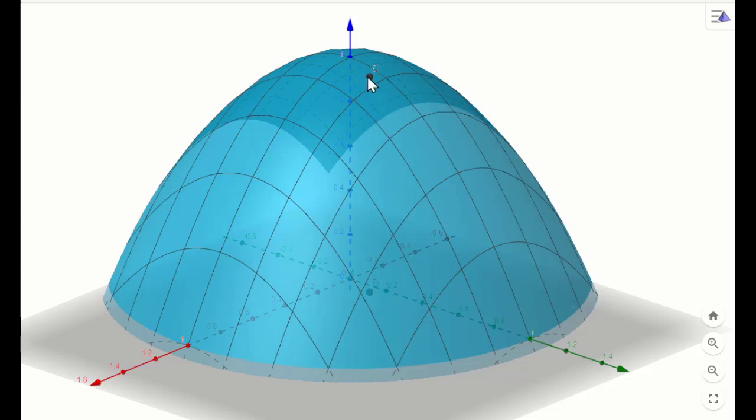But the coordinate values may be somehow challenging to directly substitute into our function f of x comma y to calculate. So we're going to come up with another point, and now I'm going to call this point somehow locally near this target point.